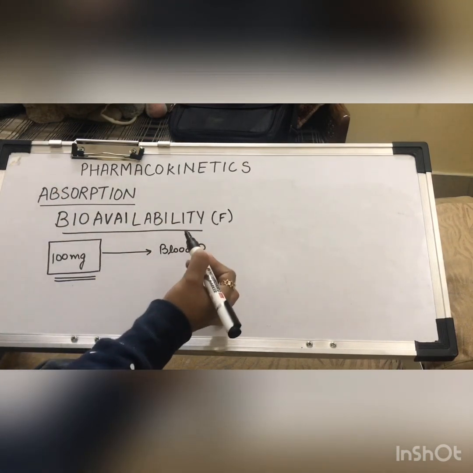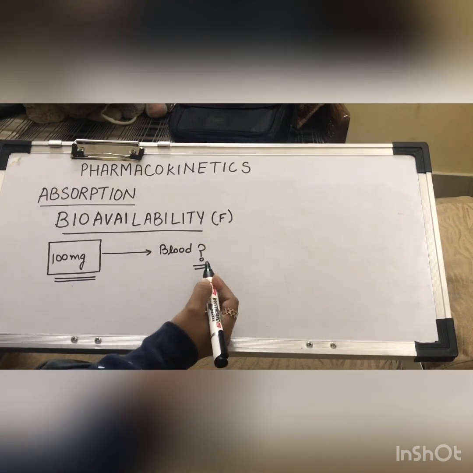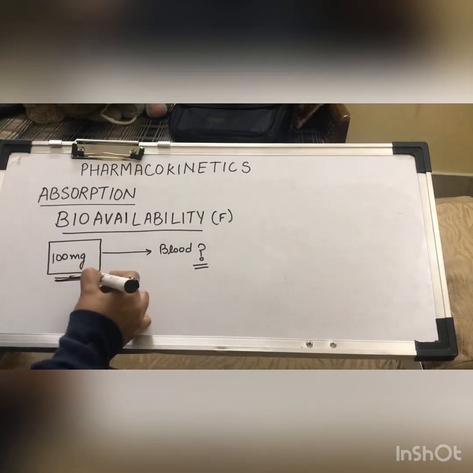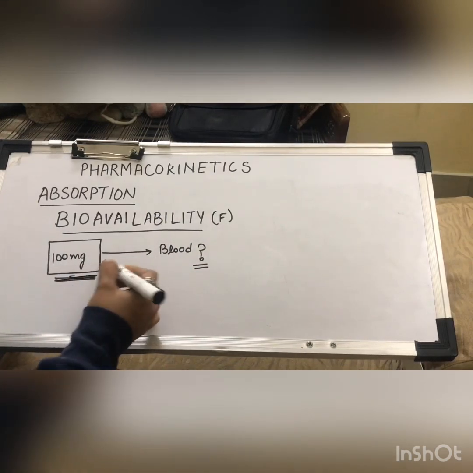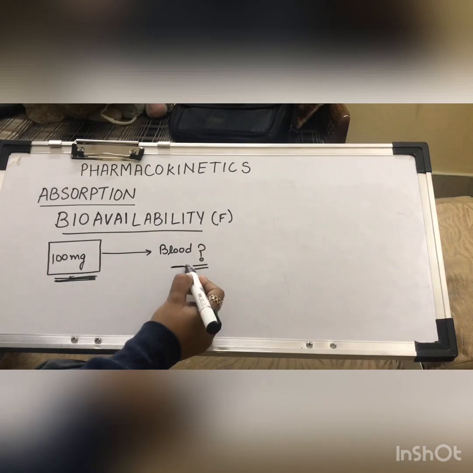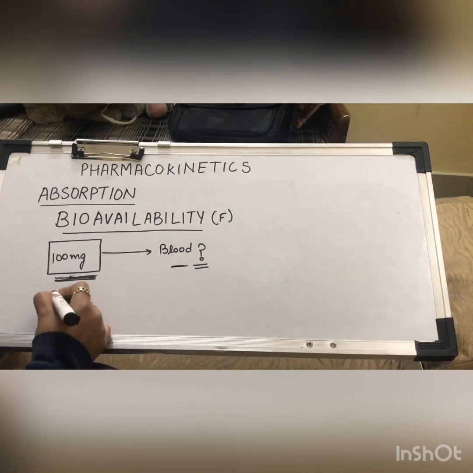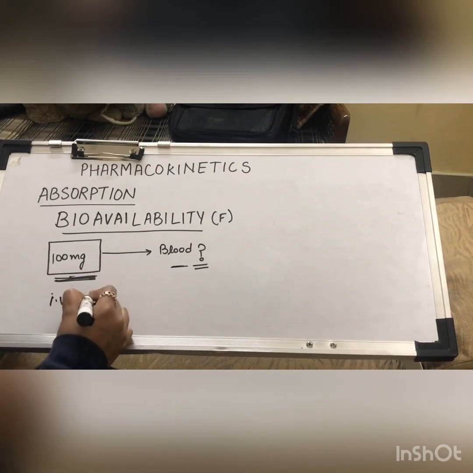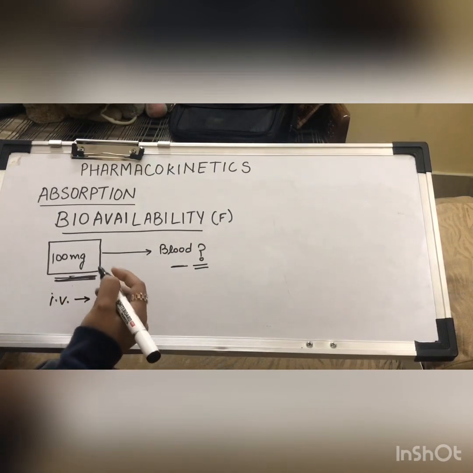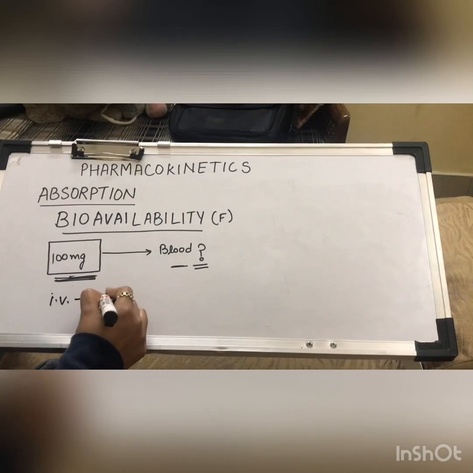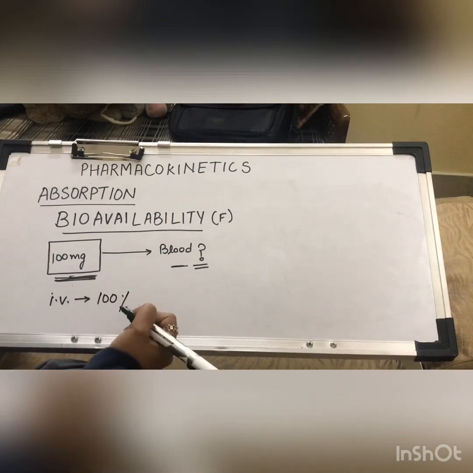Bioavailability is the amount of drug that reaches the systemic circulation in unchanged form. And for IV route, because we are directly injecting the drug into the bloodstream, this bioavailability is 100%.